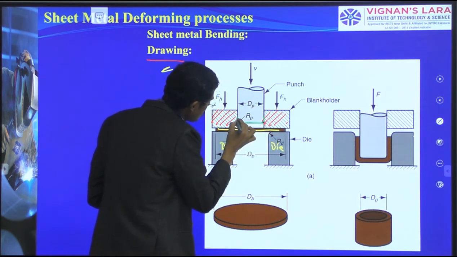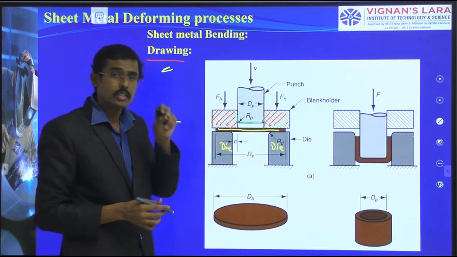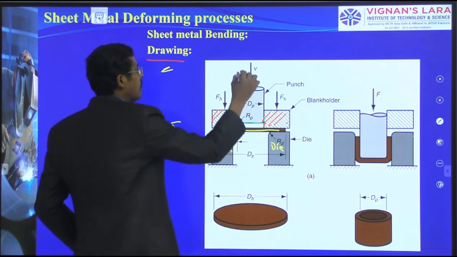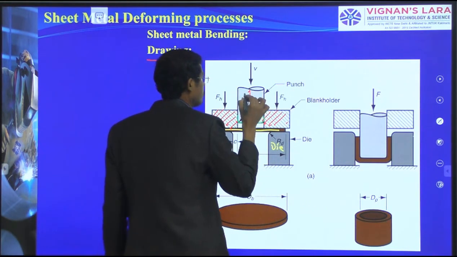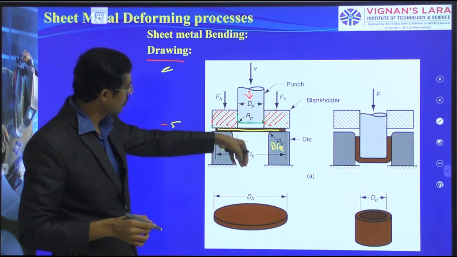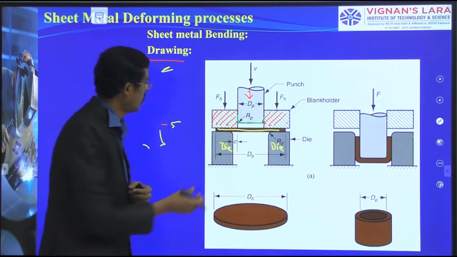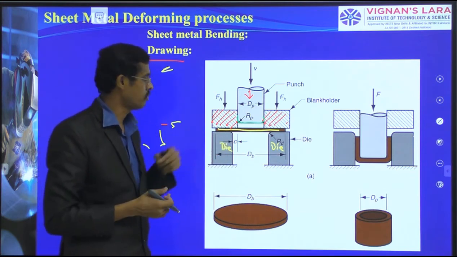So these corners are not sharp. It is a smoothened surface. With respect to this, I am applying the pressure here. What happens? This specimen is going to come down, and slowly it's going to elongate and form this.